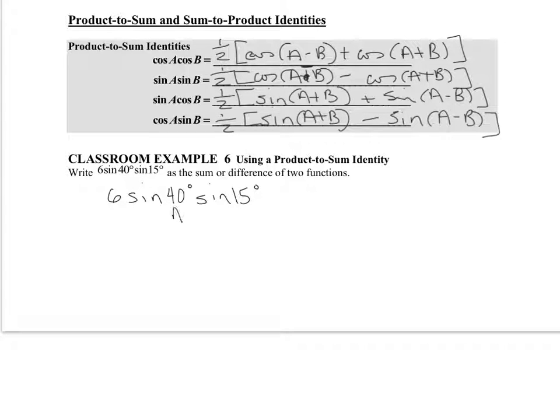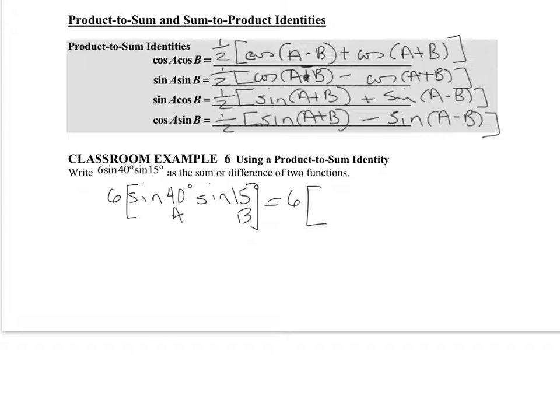I think that would be an A, and 15 would be a B, and that means I've got a sine A, sine B pattern here. Now don't forget we've got a 6 in front, so we'll want to keep that, but how am I going to rewrite this part?